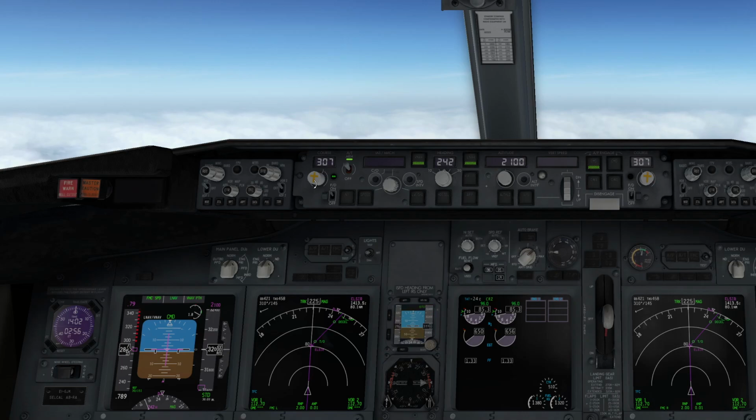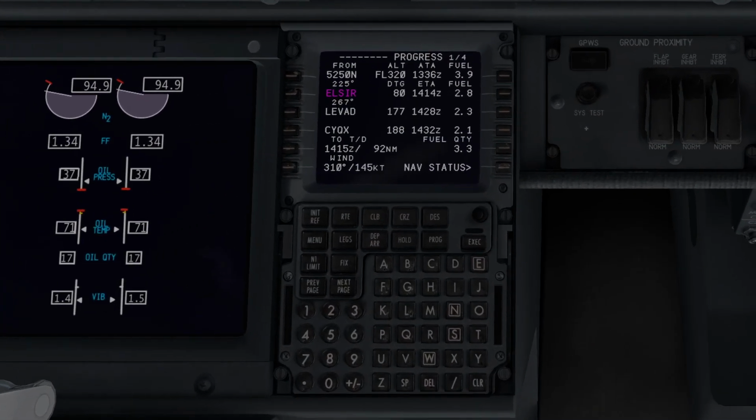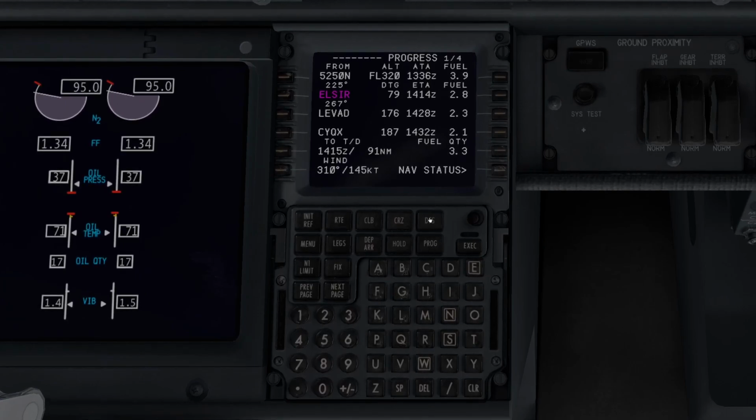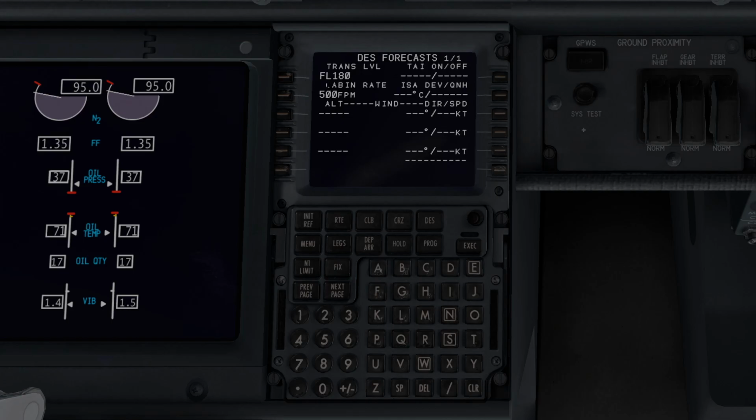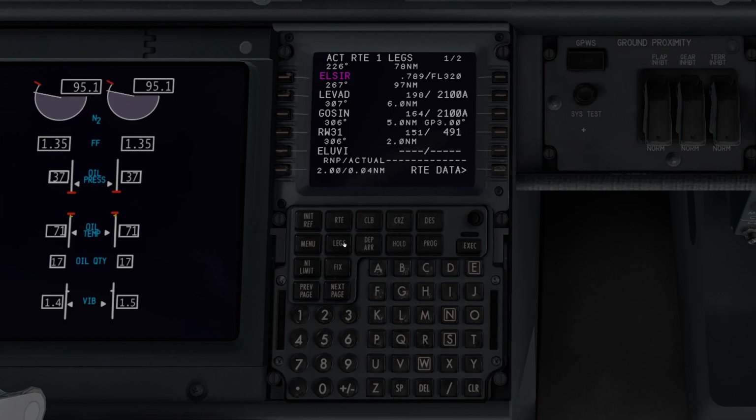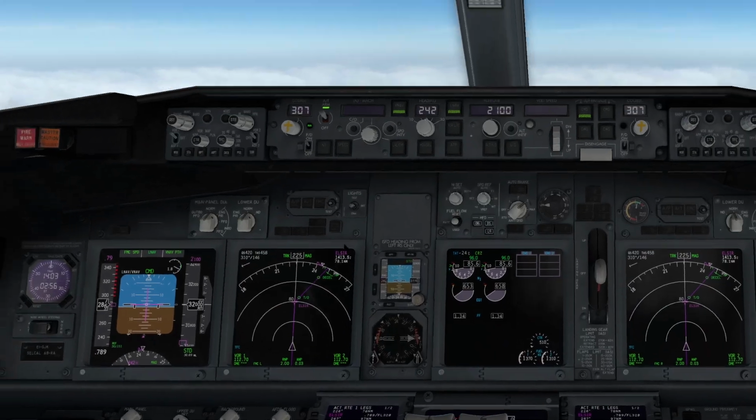So the transition level in Canada as in the US is probably 18,000 feet. Flight level 180 is the lowest flight level. Below that we are on the altimeter setting.